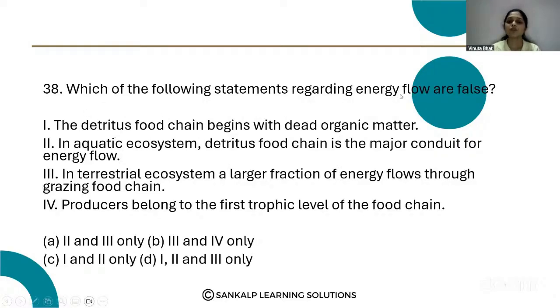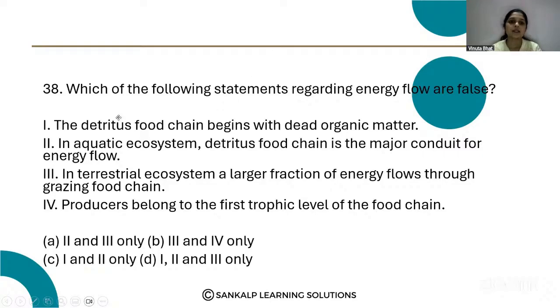Which of the following statements regarding energy flow are false? The detritus food chain begins with dead organic matter. In aquatic ecosystem, detritus food chain is the major conduit for energy flow. In terrestrial ecosystem, a larger fraction of energy flows through the grazing food chain. Producers belong to the first trophic level of the food chain.